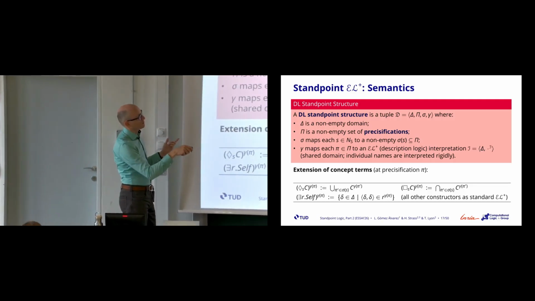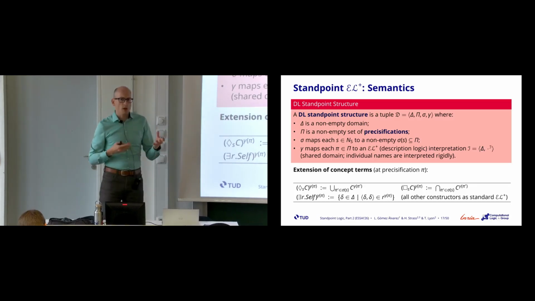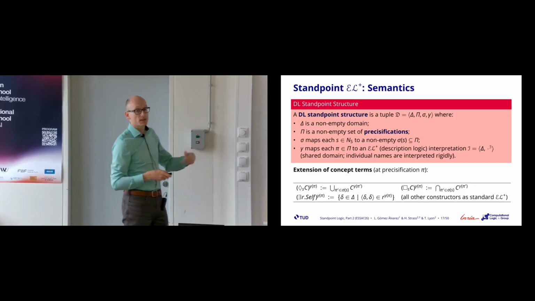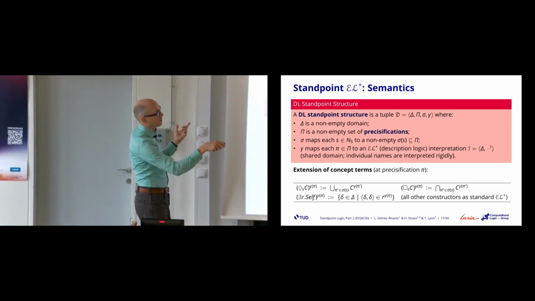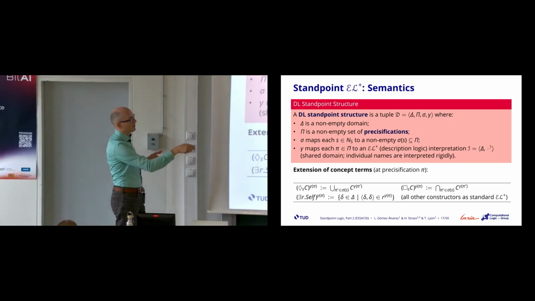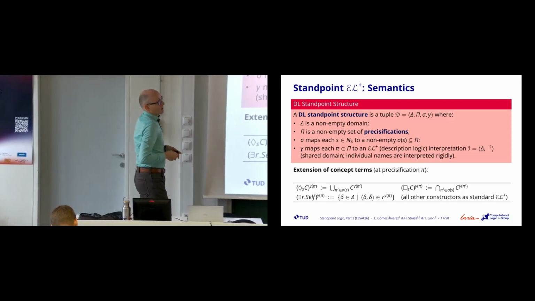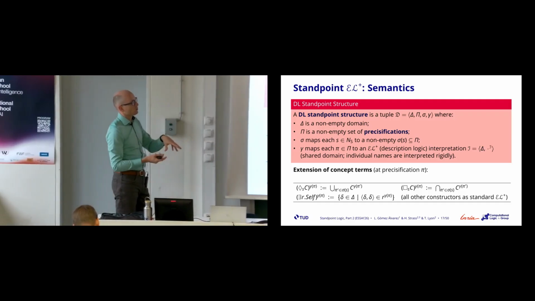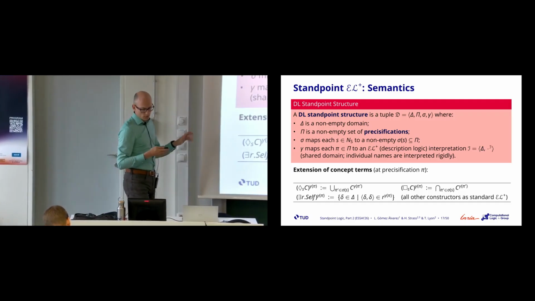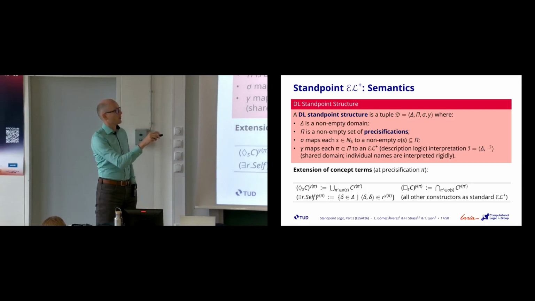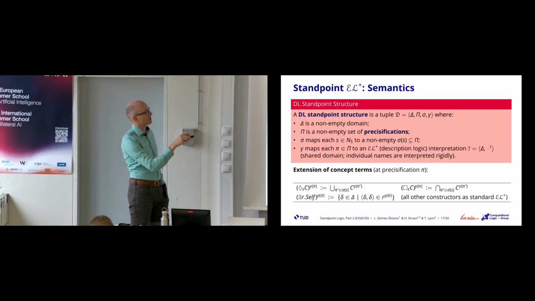There's also the possibility of saying, well, we have our different precisifications, and all of them have a different domain, but this can be modeled within the setting of the shared domain, because you can take the union of all of those as the shared domain. And then sometimes have to take care of whether this thing exists in your world or not. But we opted for the technically nicer variant where we have a shared domain. Right? So that's the idea.